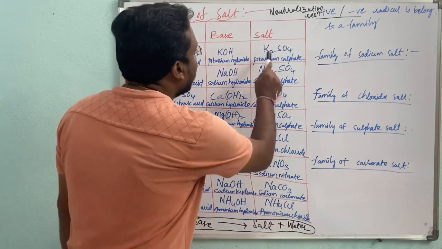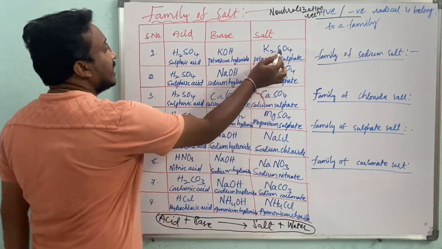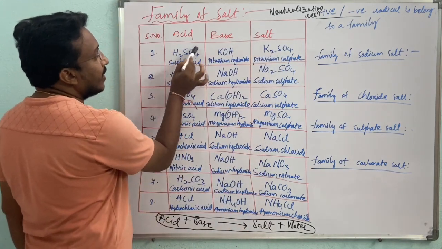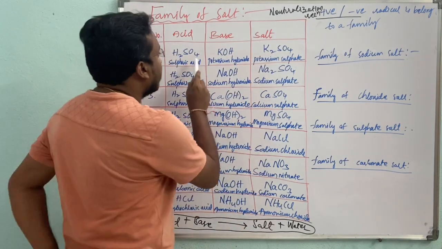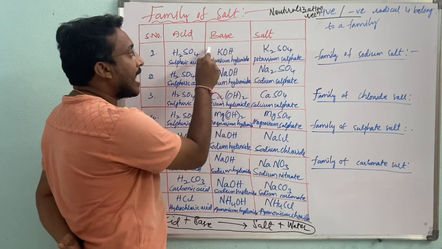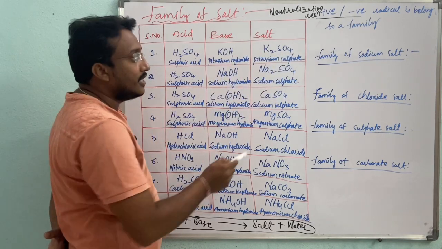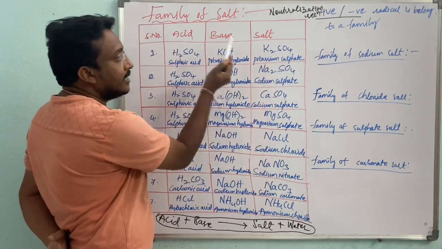Here he has given potassium sulfate. This salt is formed when sulfuric acid and potassium hydroxide react. It is a salt, it is an acid, it is a base.